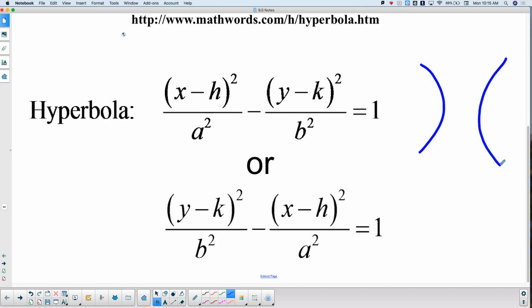Okay? That one gets me the left-right hyperbola. The other one, the y minus k quantity squared over b squared, coming first before the subtraction sign, that is going to get me my up-down opening hyperbola.